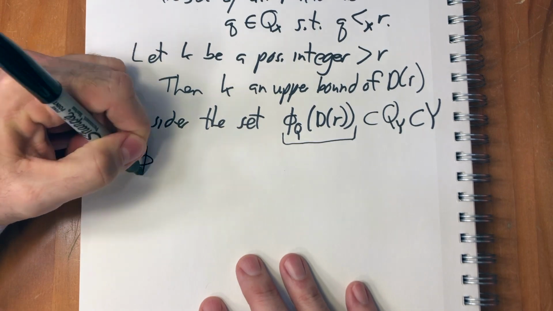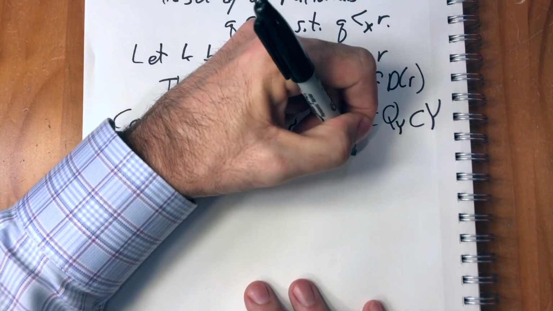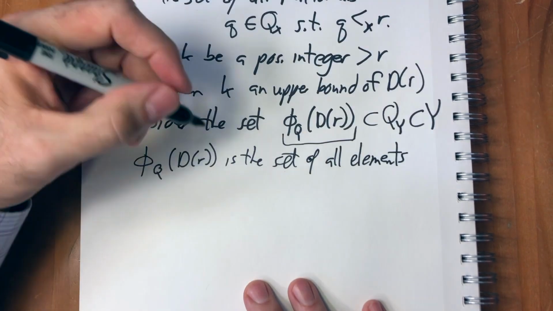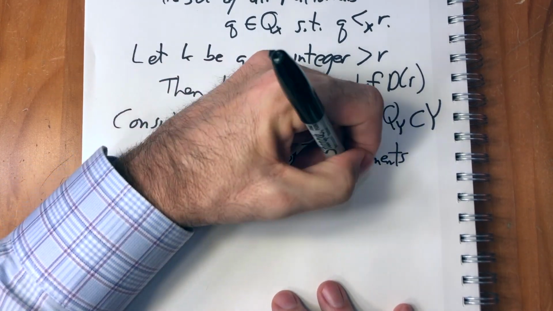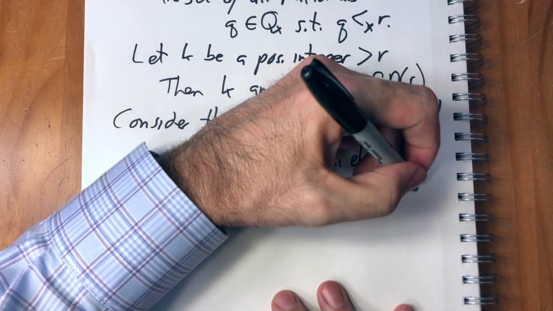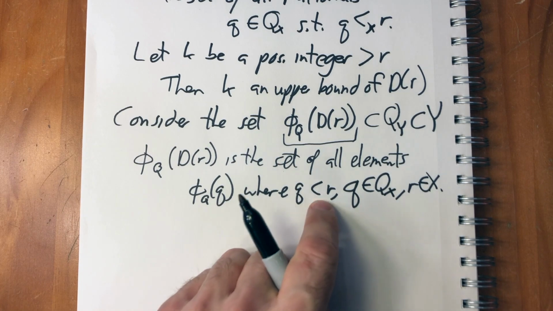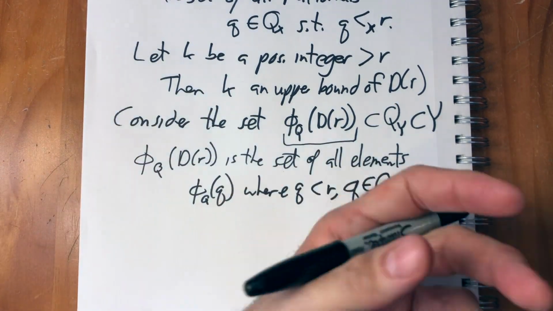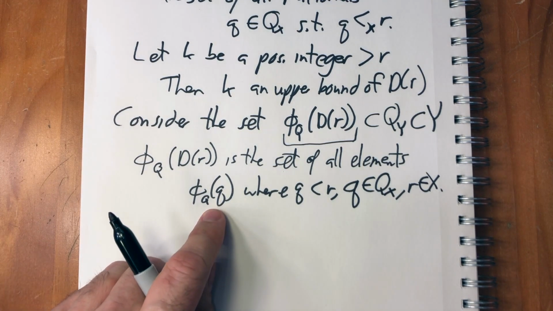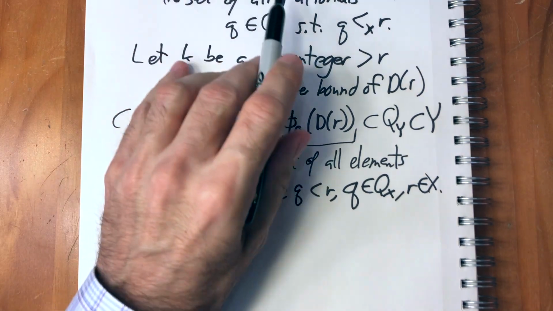So QDR means the set of all elements phi Q of Q, where Q is less than R, Q is an element of the rationals in X, and R is an element of X, okay? So what that means is that the less than check is done in X. Then we send all of those elements to Y. So the issue here is we know what dr looks like.